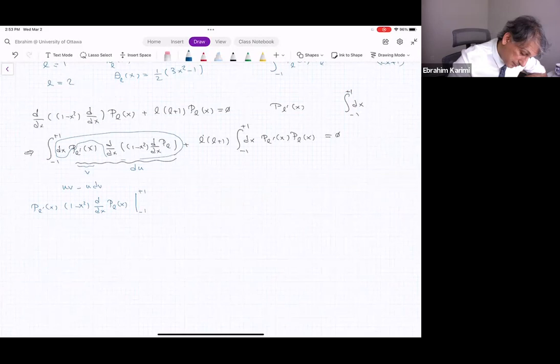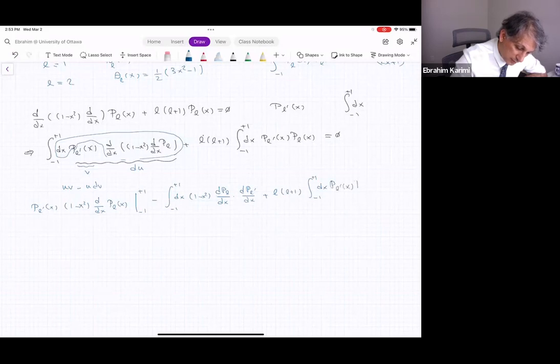Minus the integral from -1 to +1 dx of (1 minus x squared) dP_L/dx times dP_L'/dx, plus L times (L plus 1) times the integral from -1 to +1 dx of P_L'(x) P_L(x), equal to 0.